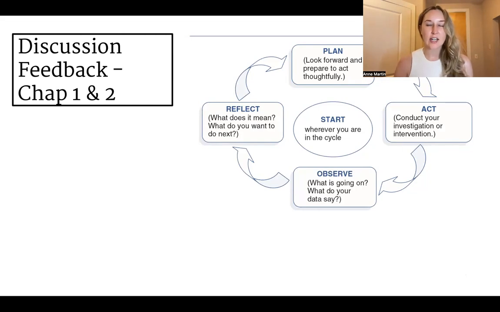So you as a practitioner, you might start, it says you can start wherever. You might notice a problem, you might be reflecting here, notice a problem, and you might plan something that you want to try. And then you yourself will act and carry out the research.